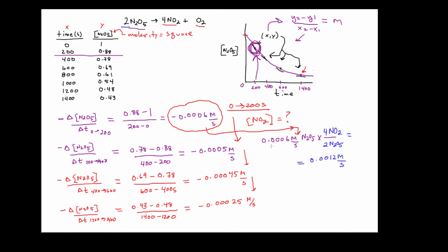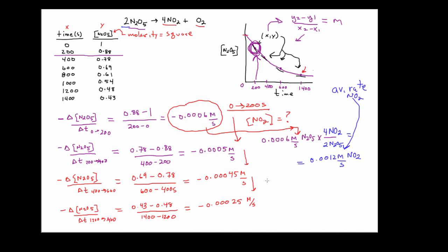And you can see the difference between the 0.0006 and the 0.0012 is literally twice. In other words, 4 divided by 2 is 2. 2 times 0.0006 gives us 0.0012. So this is the average rate of NO2, and I'm going to go ahead and put the label here so it's clear what we're talking about. So this is the average rate of NO2 during the same time interval.